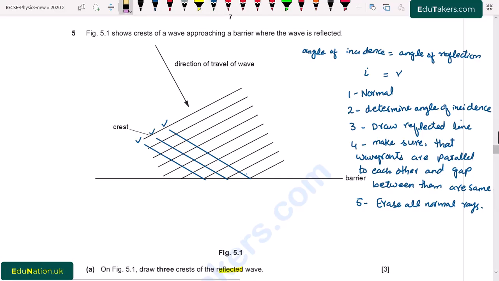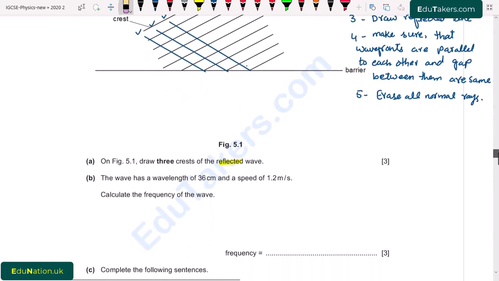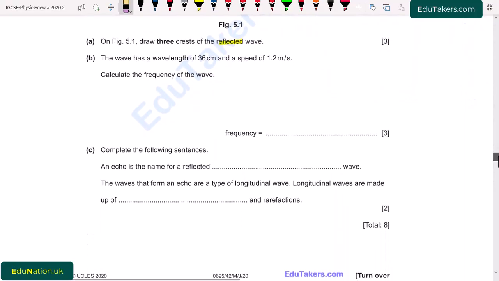Second part. Part B. The wave has a wavelength of 36 cm and a speed of 1.2 meters per second. Calculate the frequency of the wave. Here we have to calculate the frequency when wavelength and speed are given. So wavelength is represented by lambda and it is equal to 36 cm. The unit of lambda is given in centimeters, but its standard unit is meters.